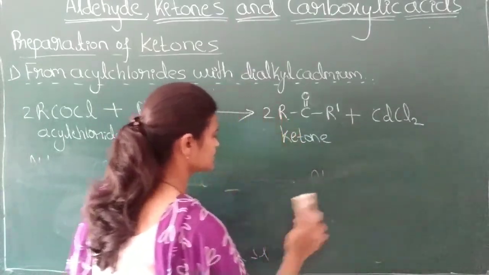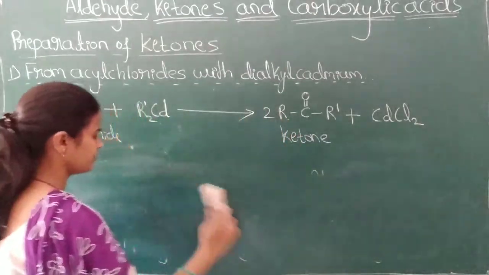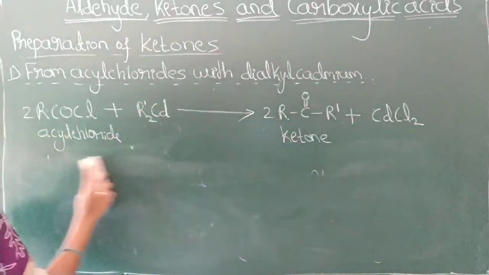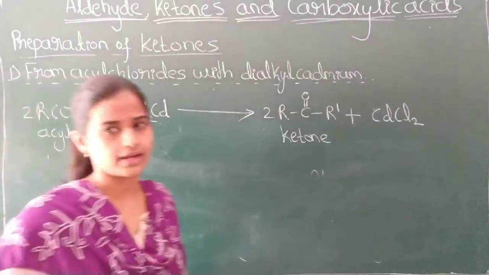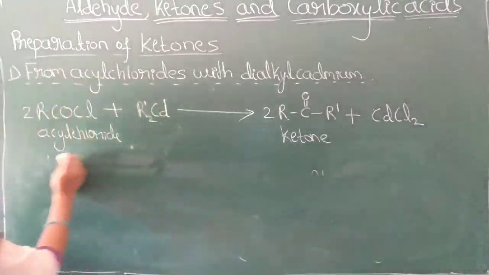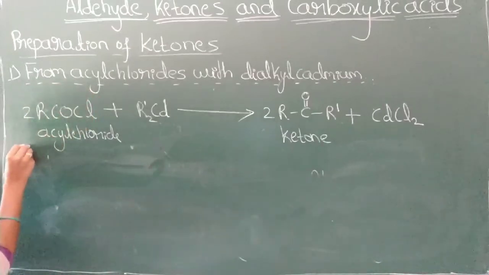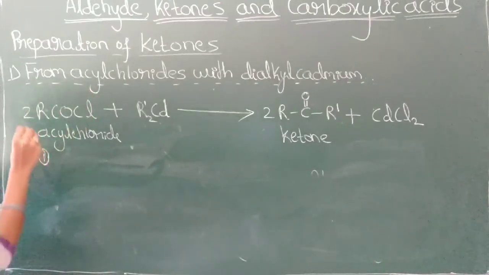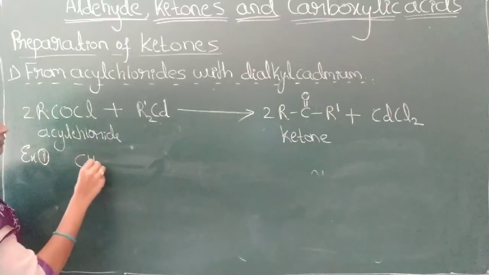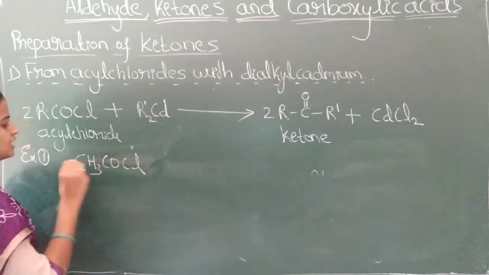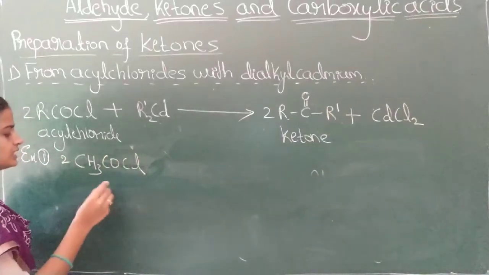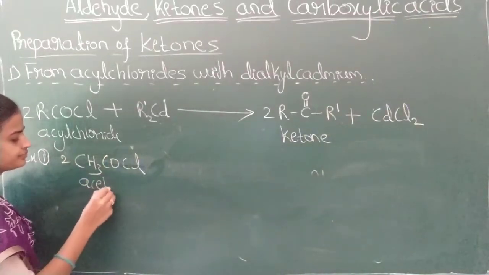Remember, dialkyl cadmium is prepared by the action of Grignard reagent with cadmium chloride. Now this is the general reaction. Let us go for the examples. First example, wherever R is there, I'll take CH3, CH3COCl. The name of this one is acetyl chloride.